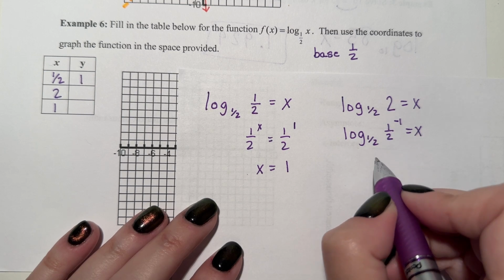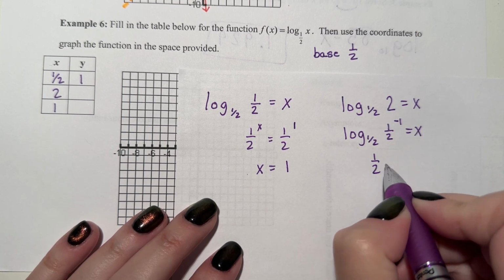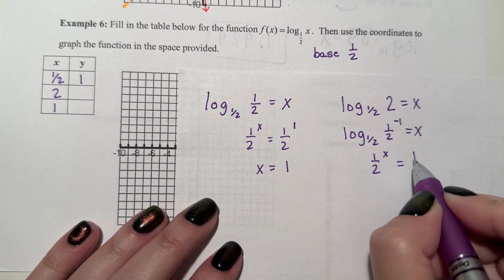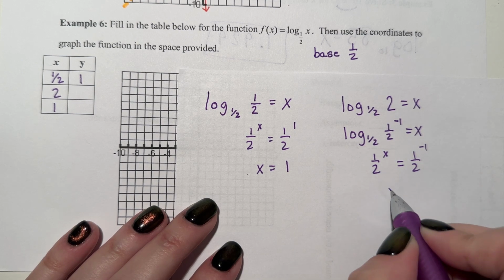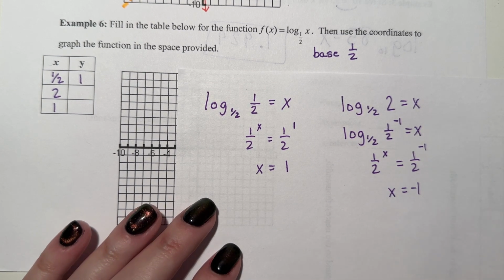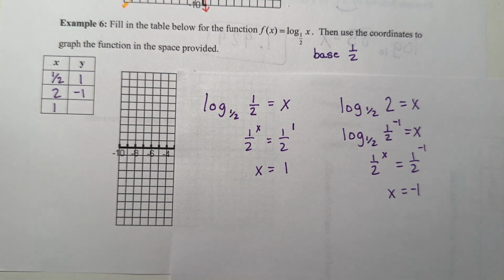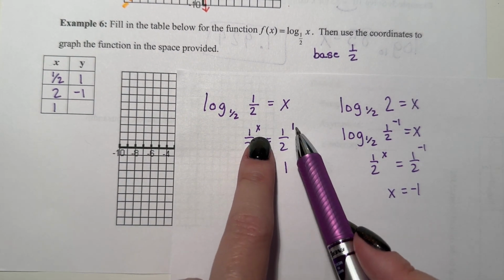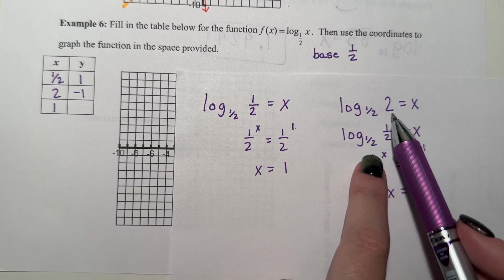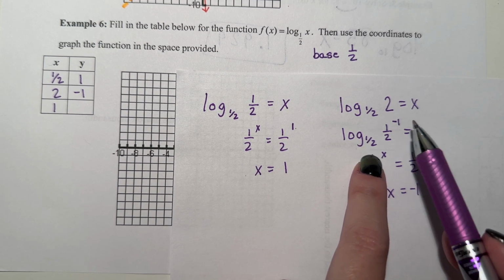So if I rewrite this as an exponential, it's going to be 1/2 to the x power equals 1/2 to the negative 1. So x equals negative 1. So I'm going to come over and put a negative 1. Notice how that's the same as last time. We have 1 that equals 1. Then we have 1 that's a flipped over fraction. So we had to use negative 1.